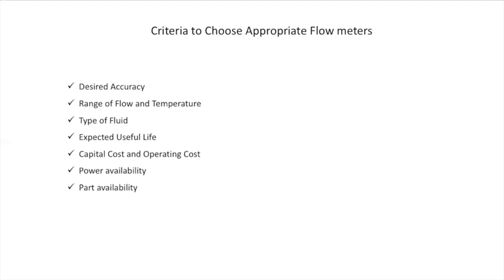Capital cost, that is the cost incurred during the purchase of it, and then you have operating cost, which includes its maintenance cost over a period of time. Then the power availability: some kinds of flow meters are based on power, so they need a power supply. So again, the power availability and the part availability. If it has moving parts and they get damaged, then certainly the part has to be changed, and part availability is most important. So these are some criteria which need to be considered for selecting a kind of flow meter.